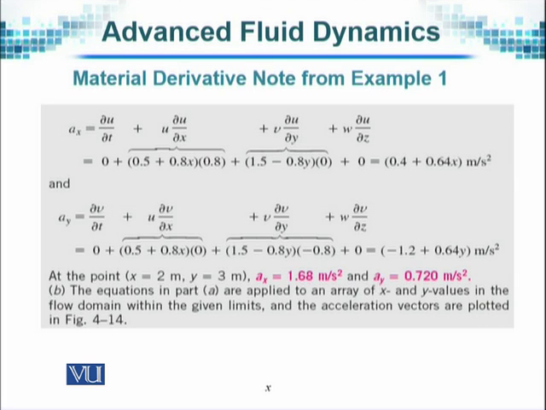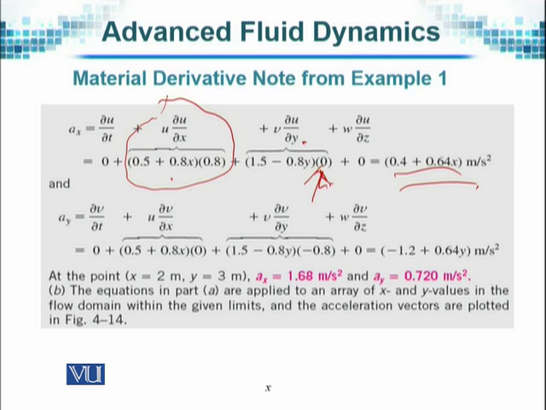Similarly for v into du by dy: there is no y in u, there is only x occurring there, and therefore the derivative of u with respect to y will be 0, and that reduces this term to 0. The only non-zero contribution in this component is coming from here.